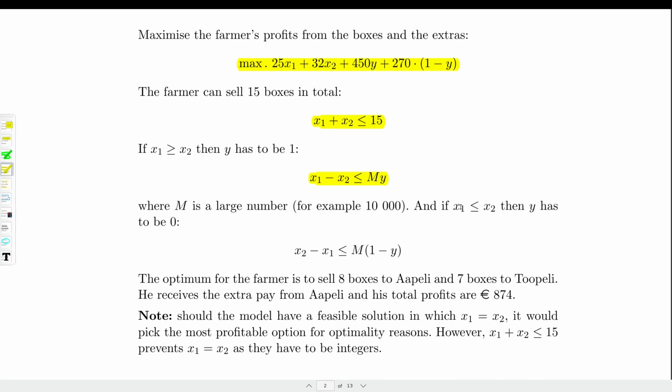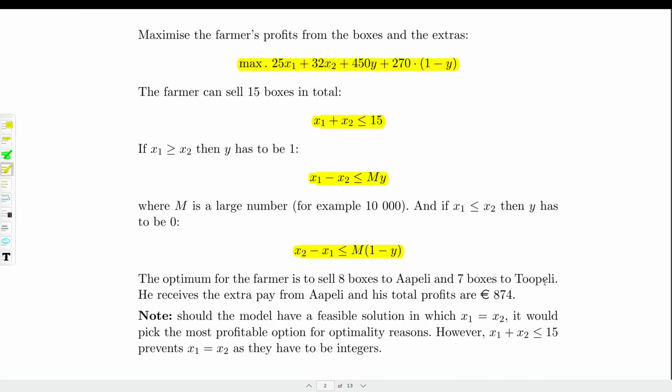And also if X1 is less than or equal to X2, then Y has to be 0, indicated by this constraint.